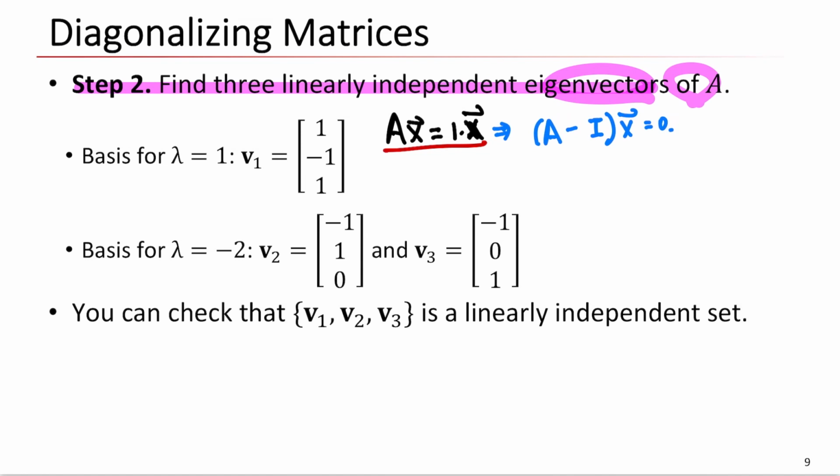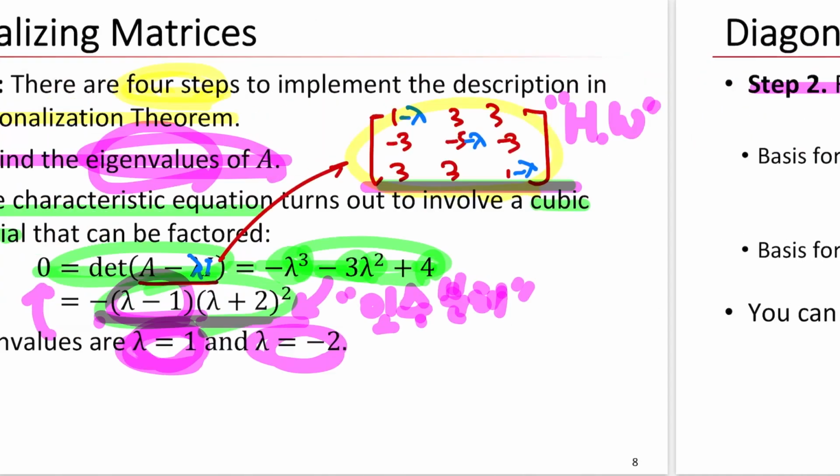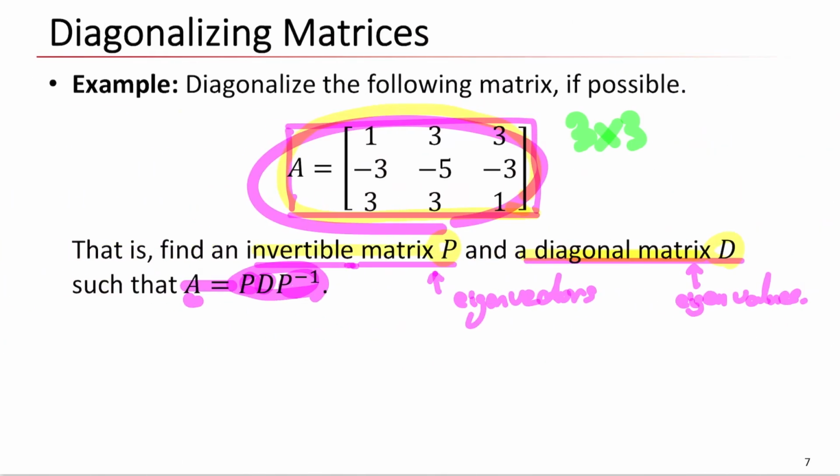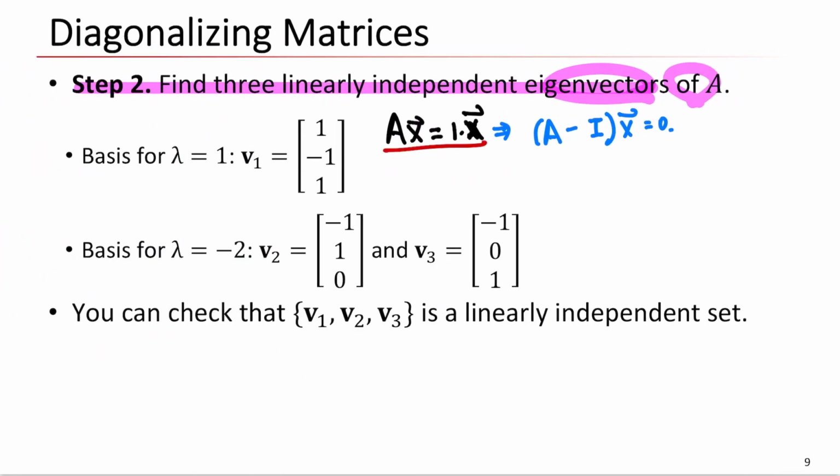Actually, this is just a homogeneous equation, right? Then how can I find the solution here? We already know the matrix A is something like this, right?